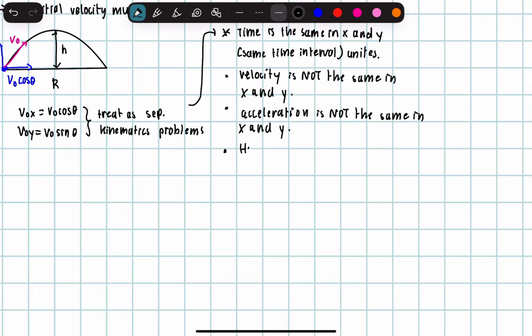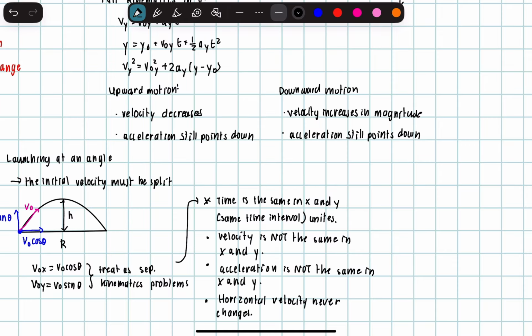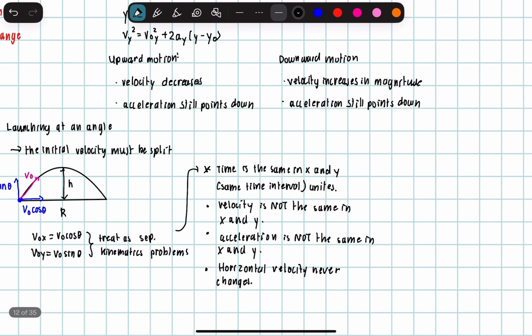Remember that your horizontal velocity never changes. And again, your vertical motion acts like free fall.